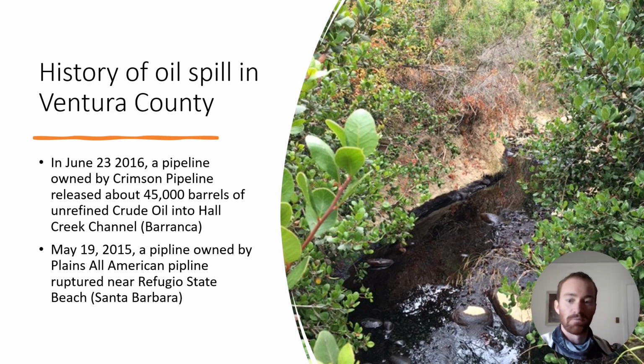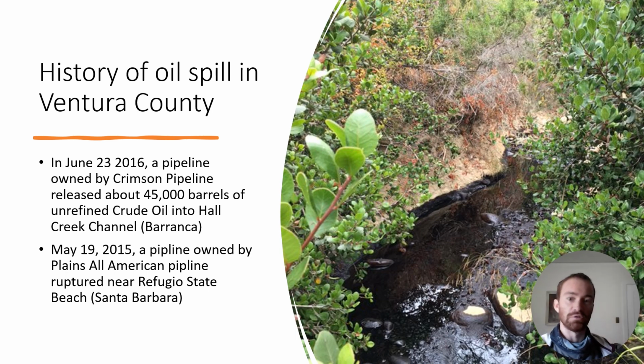First, let's go over some oil spill events that have occurred in California. We have the Crimson Pipeline burst that released about 45,000 gallons of crude oil into the Howe Creek Channel in Ventura on June 23, 2016.